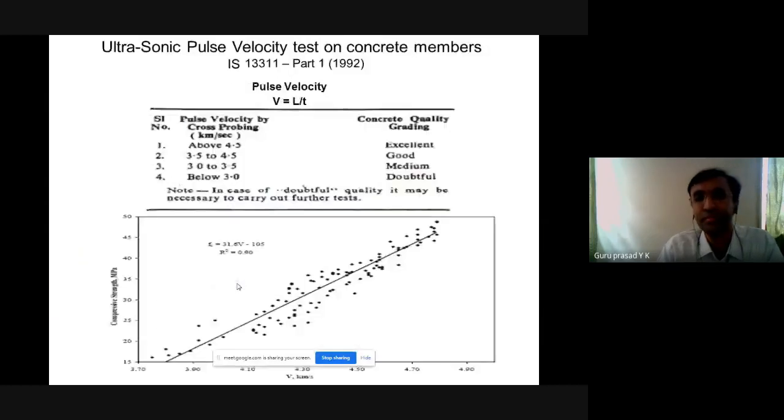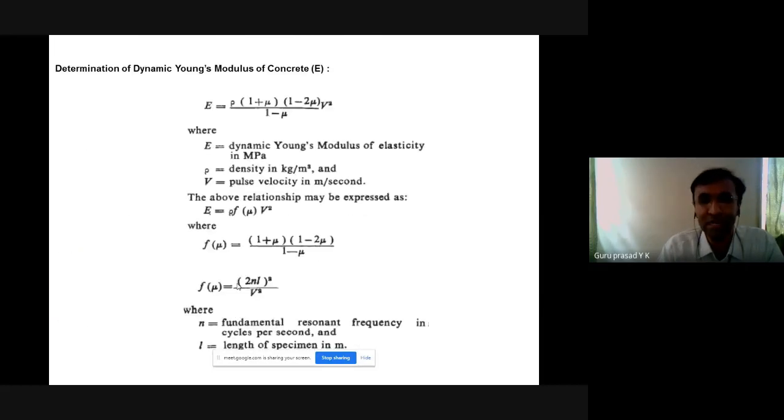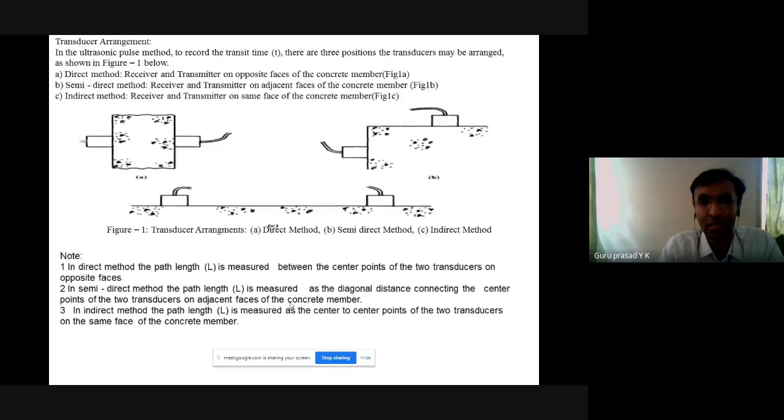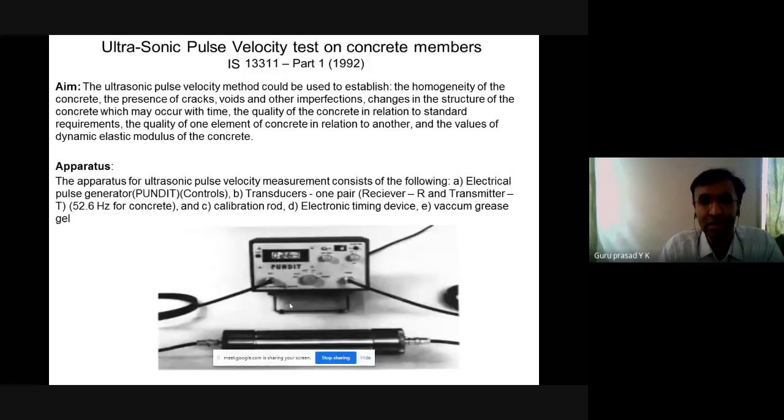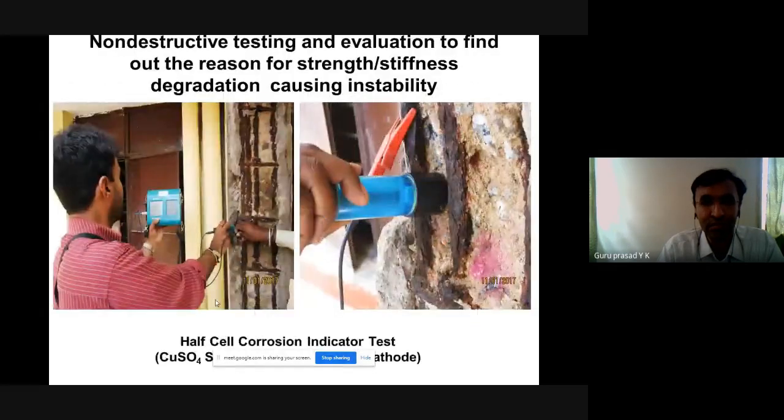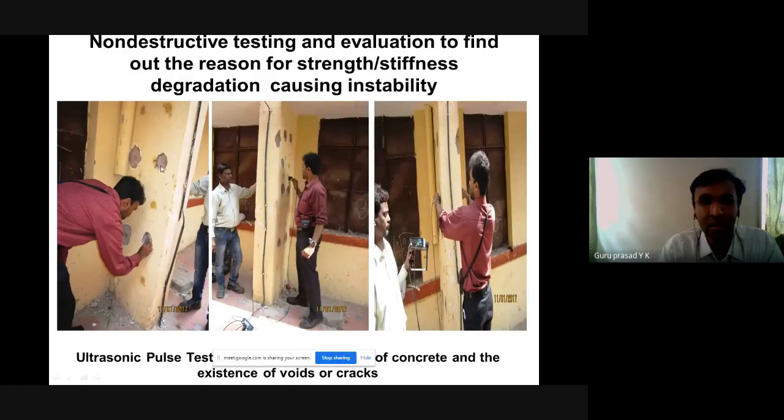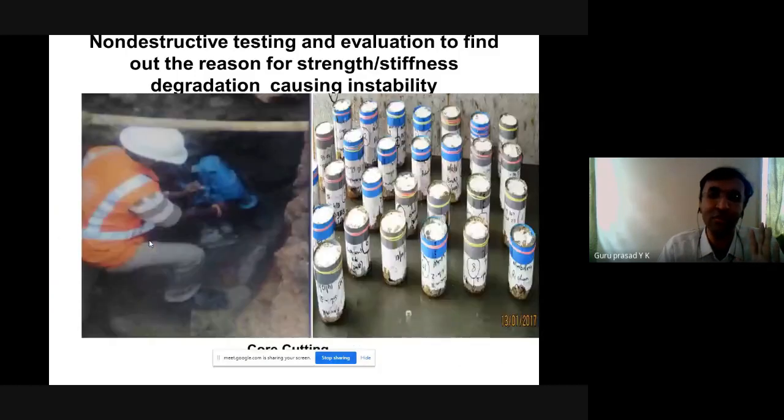Now, second, at each point you should take at least 3 to 5 values, because the values go on changing. For each particular point, you have to take at least 3 to 5 values and take the average for each location.